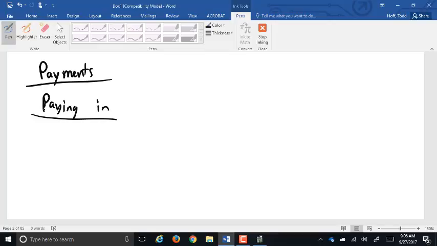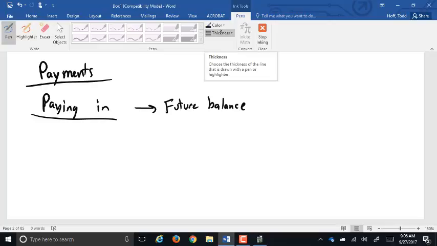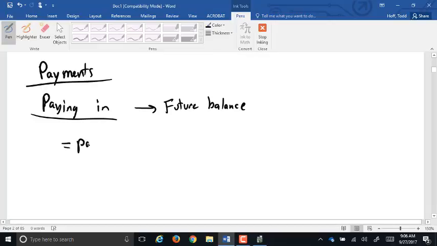If you want to figure out what your balance is going to be, trying to find that future balance, the formula is kind of ugly. It is your payment. It's similar to the other one. That one is if you're drawing out or paying down a loan. This is if you're paying into an investment.